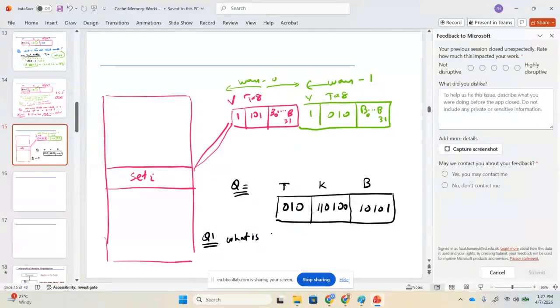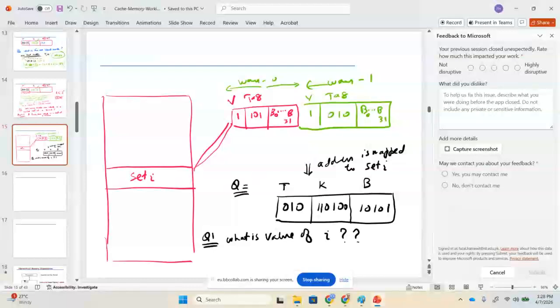Let's assume this address is mapped to set I. What is the value of I? Can you answer me this question? 52.